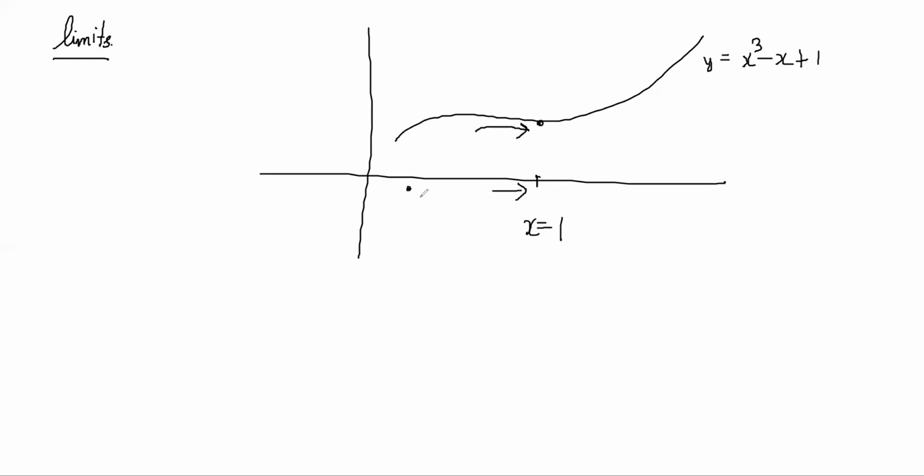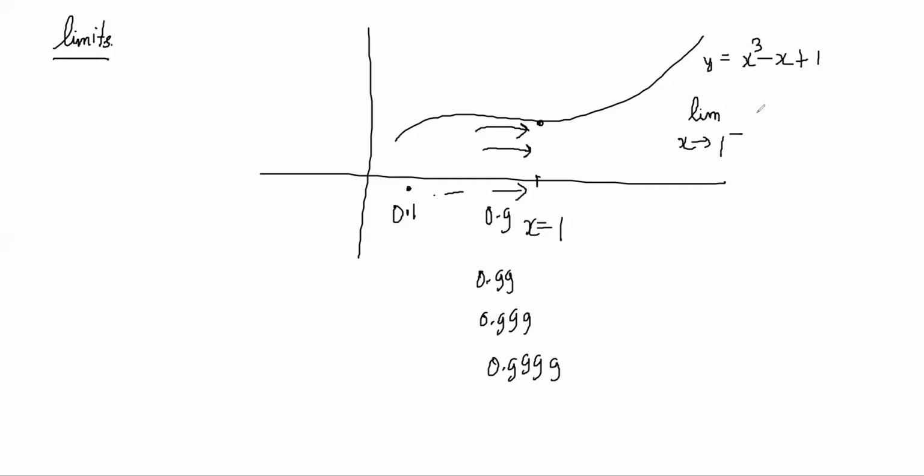As you come from 0, 0.1, 0.2, 0.9, then 0.99, 0.999, you are getting closer and closer to 1, no? Yes. As you get closer and closer to 1, you can write it as limit x tends to 1 minus of f(x), which is x cube minus x plus 1. That means you can also write it as limit h tends to 0 of f(1 minus h).